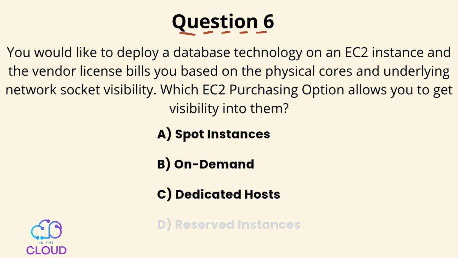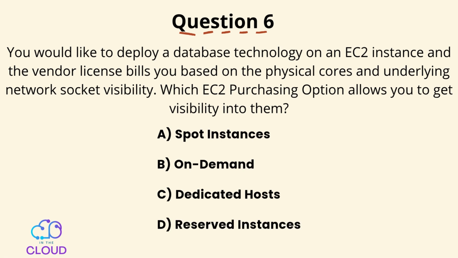C. Dedicated hosts. You have a physical server with EC2 instance capacity fully dedicated to your use. It allows you to address regulatory requirements and use your existing server-bound software licenses. It can be per socket, per core, and so on. D. Reserved instances.